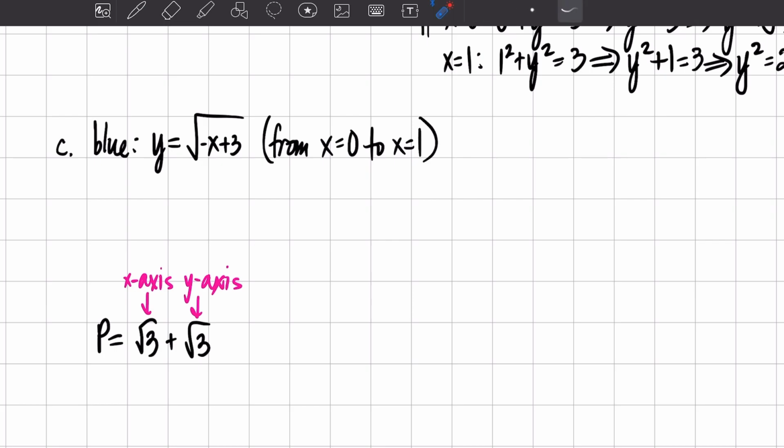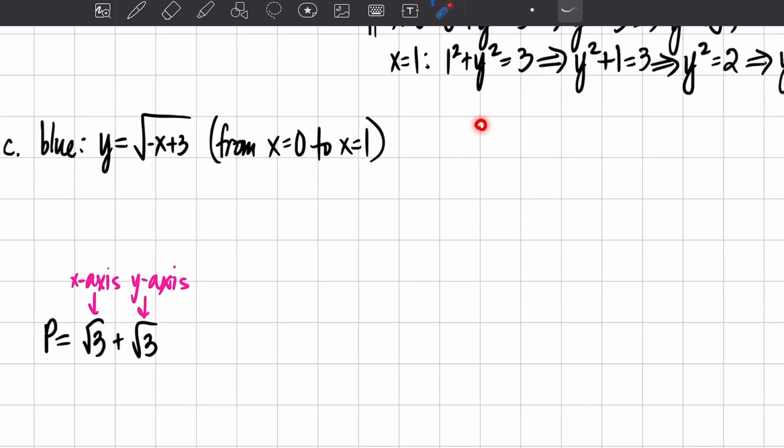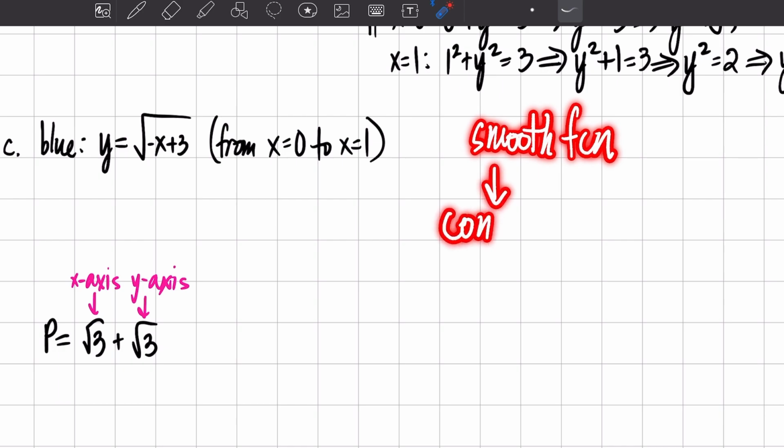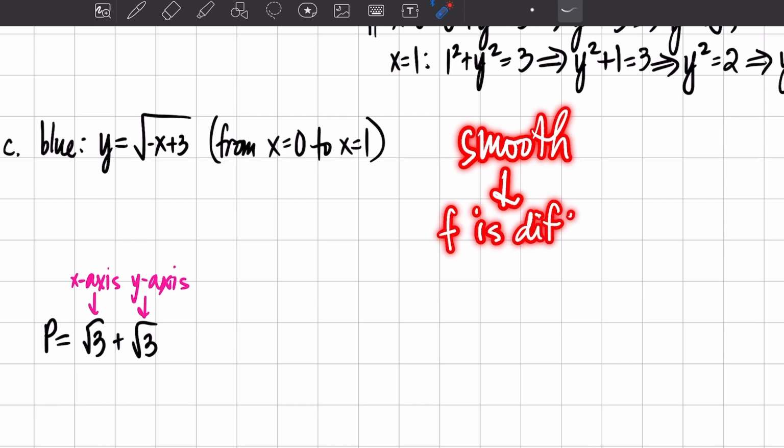Okay, let's try and recall the formula for your arc length. Suppose you are given a smooth function. When you say smooth function, that means f is continuous, and f is differentiable and its derivative f prime is continuous.